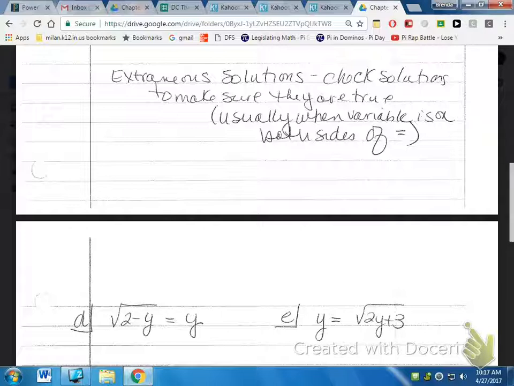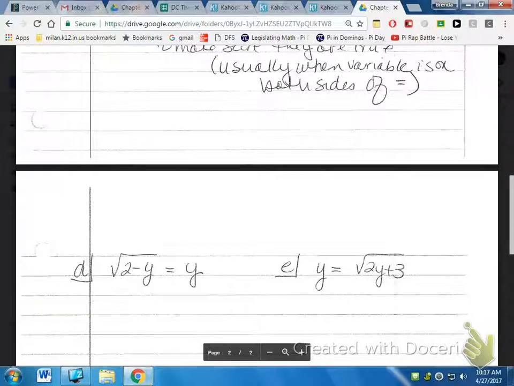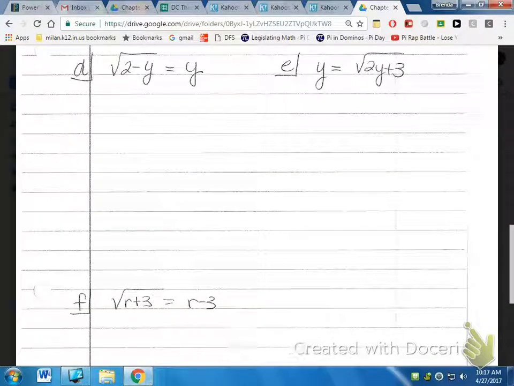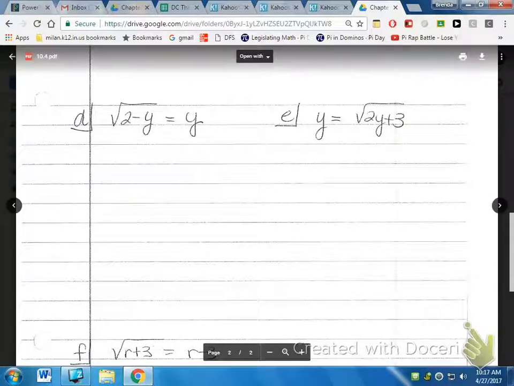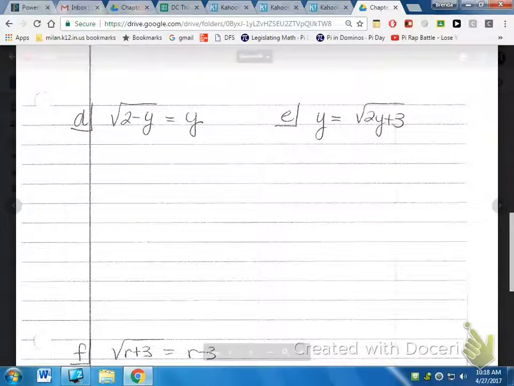Basically, you're looking to make sure it does not give us any negative value that should not be. That's what you're looking for. You see these two examples, how there is a y on both sides. So that's going to cause a little bit of an issue as far as extraneous solutions are concerned.